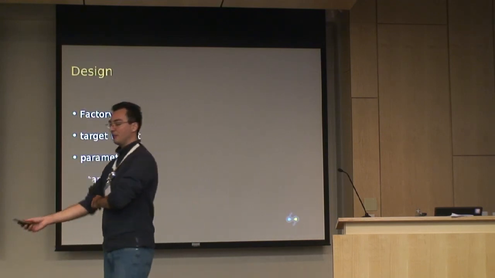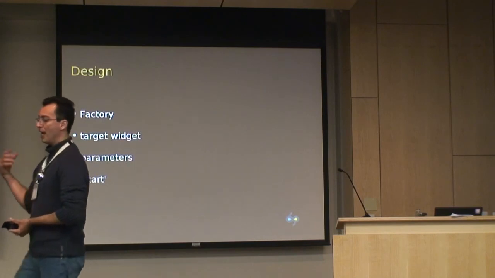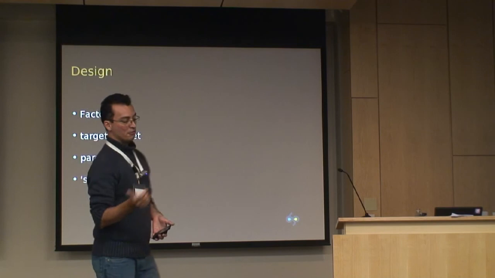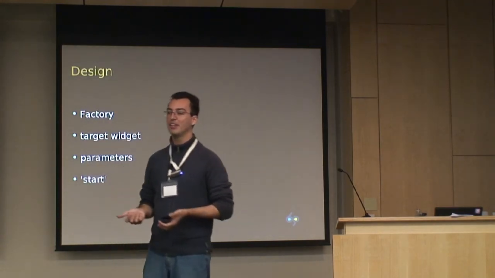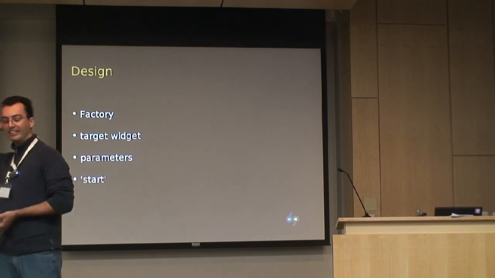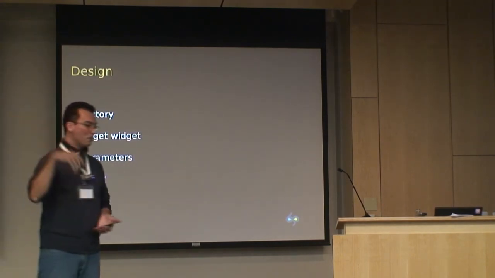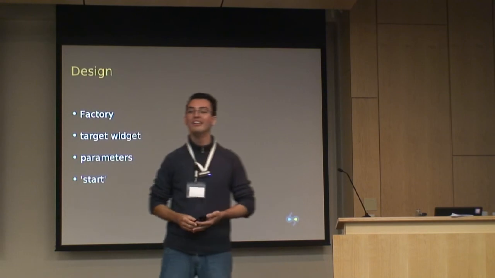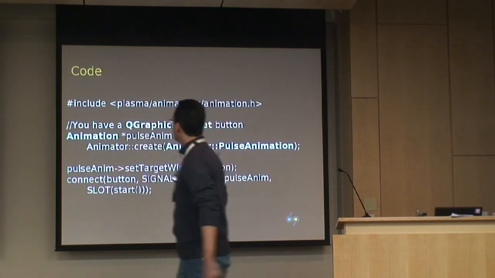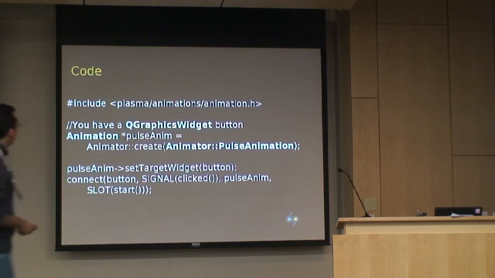Well, this is the moment where, if we have designers or non-coders together with us, they start to scream, because I'm going to show source code. And I promise that from now, things are going to get way harder. Okay, this is the code. I think on this side it's easier to see. So you have to include the animations header file.